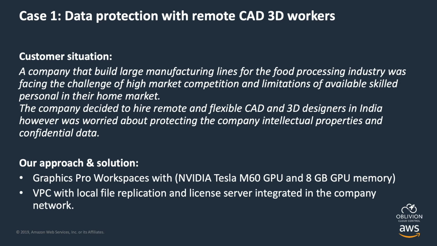Unfortunately, in their home market, there are very few skilled 3D designers and CAD/CAM designers available. So they started to look where they could get these, and India was the obvious choice. However, they were afraid that by doing so, they would risk the exposure of their intellectual property.